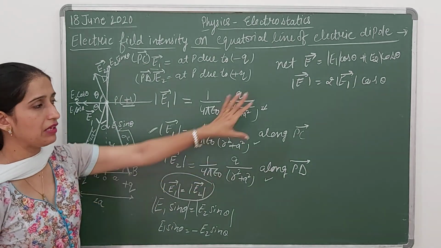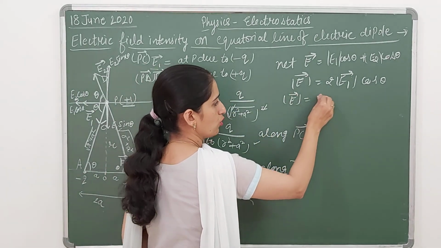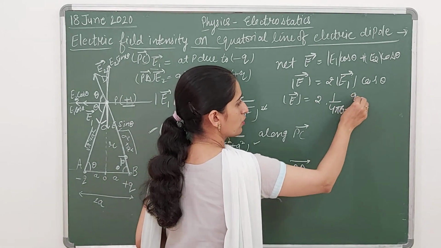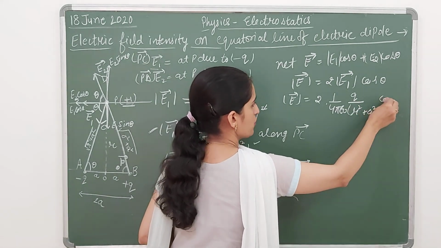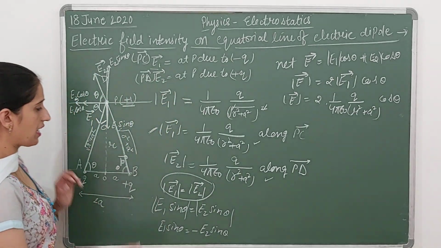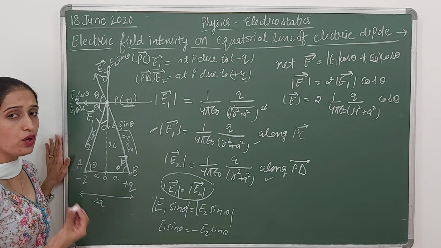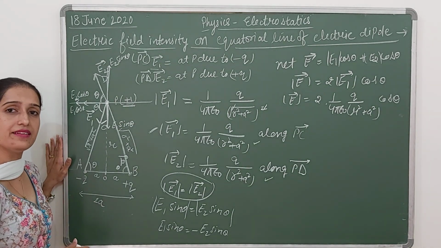We put the value of E1 there, and we get E equals 2 into 1 by 4 pi epsilon naught Q upon R square plus A square into cos theta. Now we calculate cos theta from this triangle. Any triangle we can choose, and we know cos theta is base upon hypotenuse.